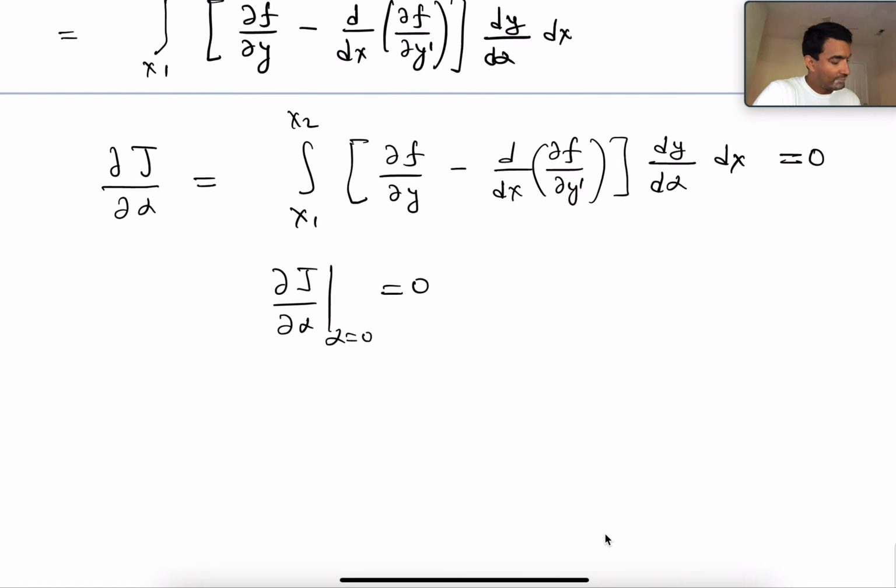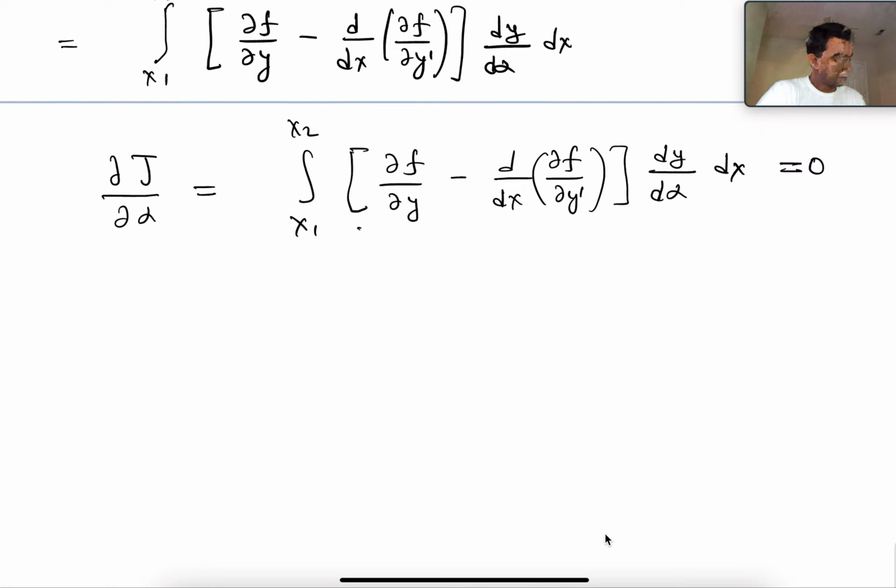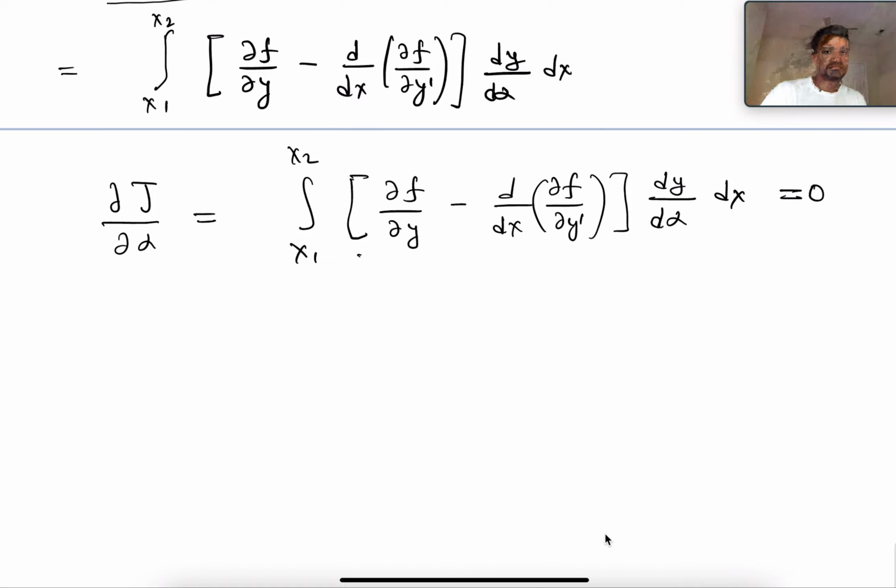Now, if this integral is equal to 0, it means that either the part which is inside the integral has to be equal to 0, because x is an independent quantity, so we can choose it to be such that dx is not equal to 0. Also, dy by d alpha, remember, we have constructed the function y of x and alpha.